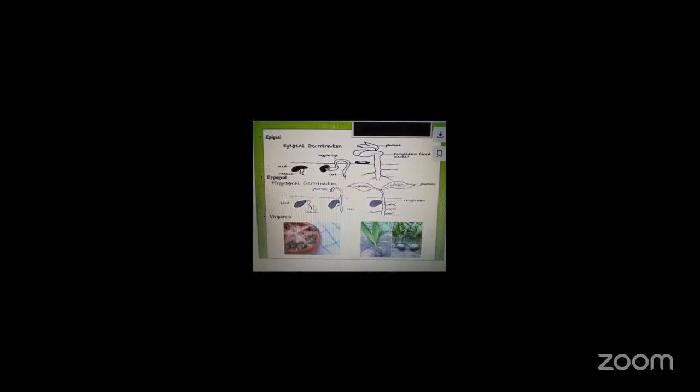And after certification, seeds are given to the farmers. These can be called certified seeds. And truthful seeds are also there. It's very important.